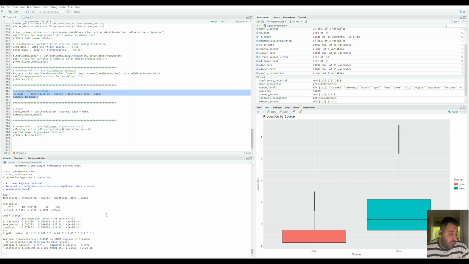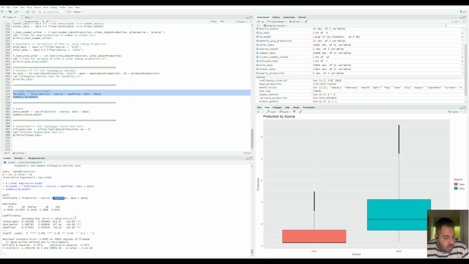Our sources of energy here are wind and solar, and we also add the day of the year in the linear regression model.